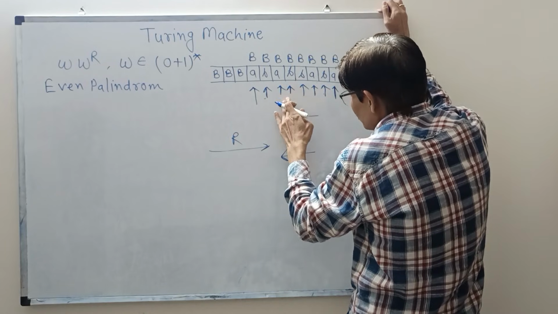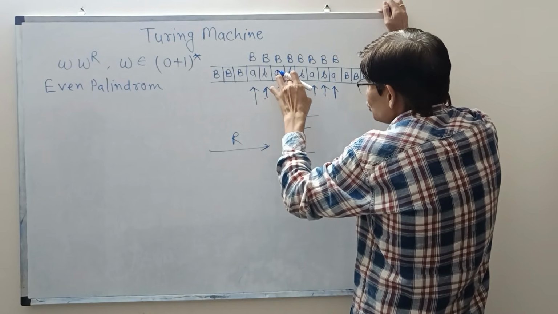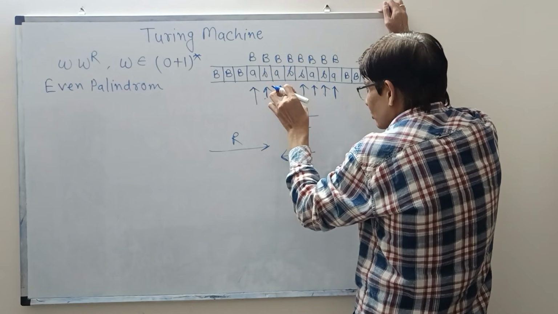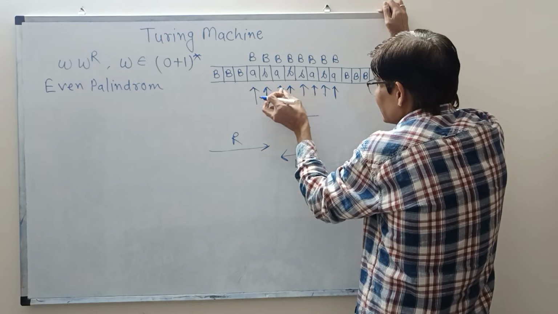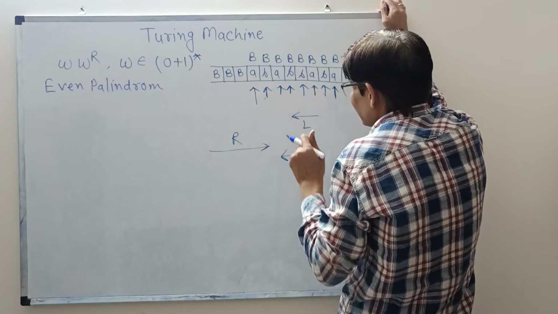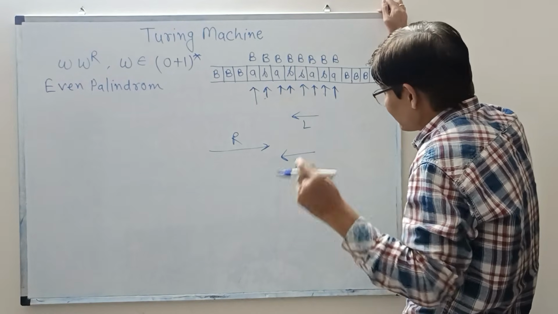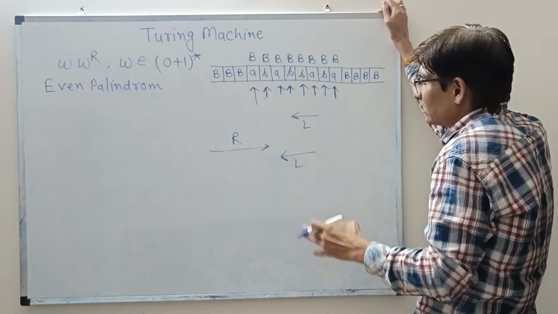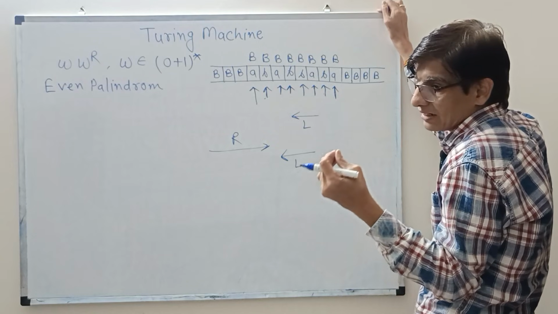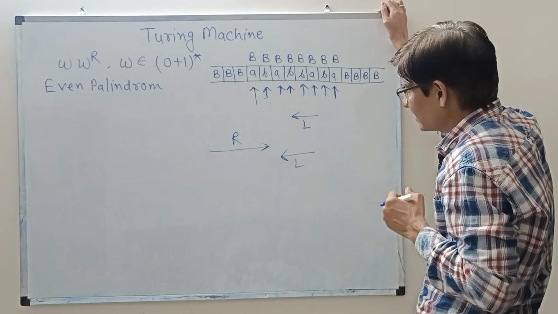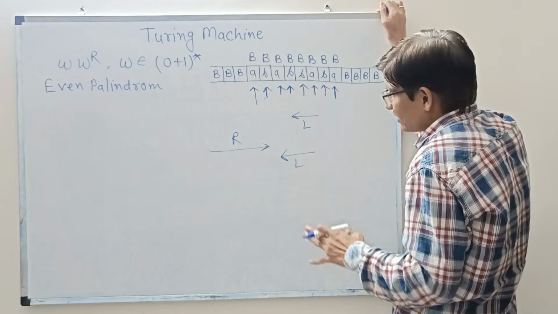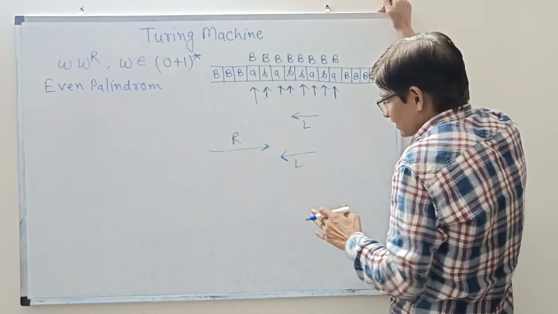And then when you get a blank, you will notice that you are in the same state and the string is now completed. So whenever you get the first blank symbol on the tape, you can declare this string as a valid string. Now I will tell you how to create the transitions for this.